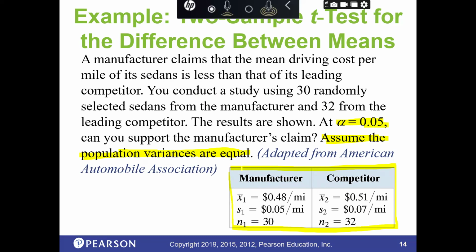Okay, so they want to prove that their mean driving cost is less than, is that right? Let's see.